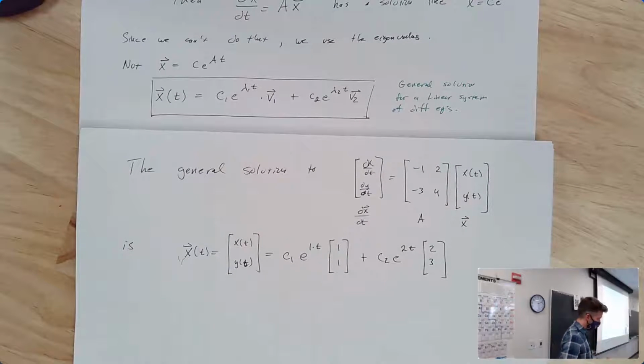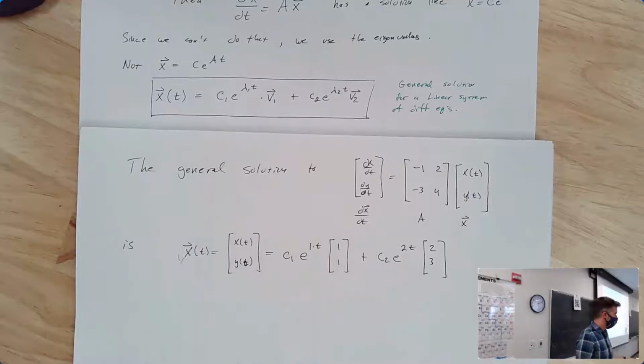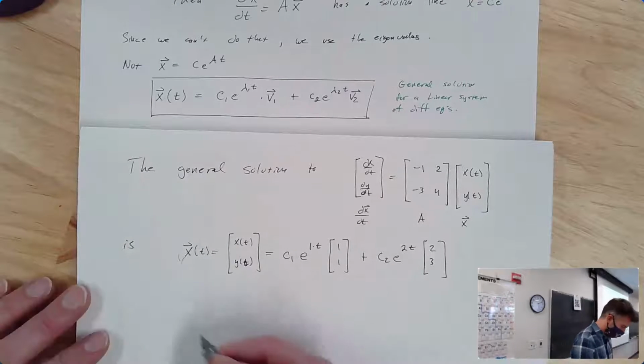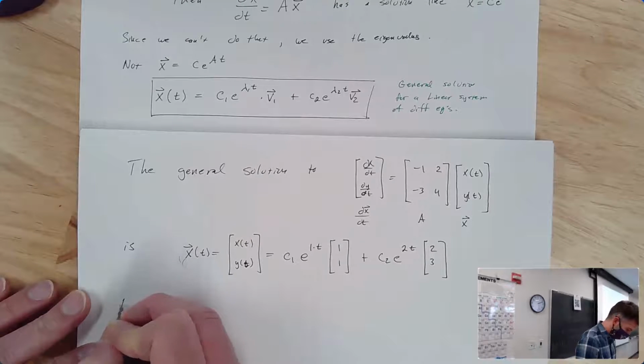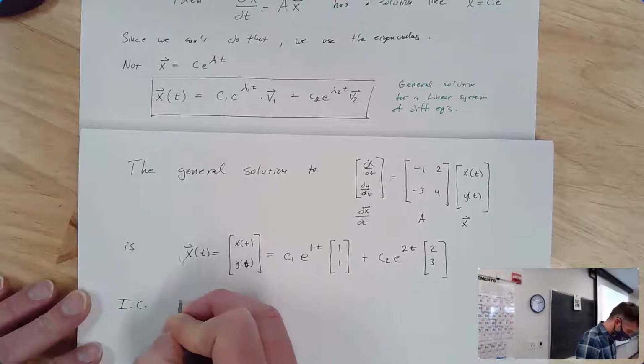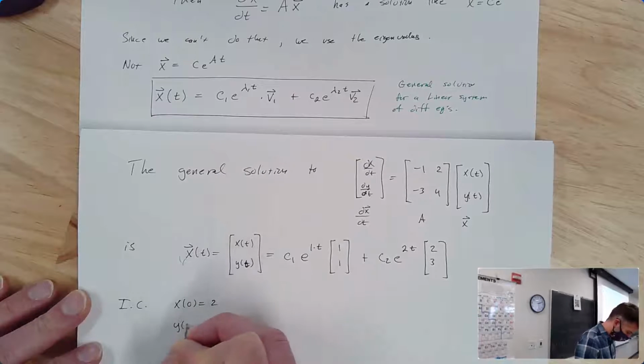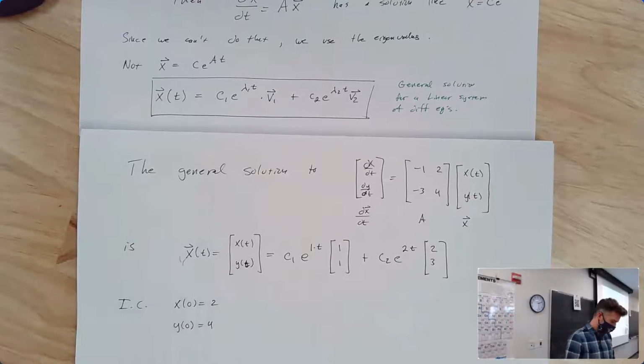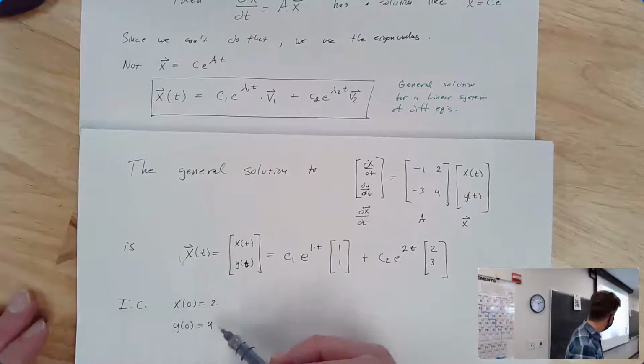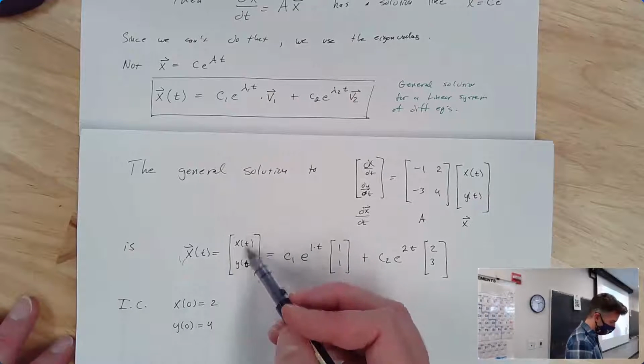And now we're going to use the initial conditions to find our constants. So the initial condition is that x of 0 was 2, y of 0 was 4. So when I plug in t equal to 0, I get x equal to 2 and y equal to 4.